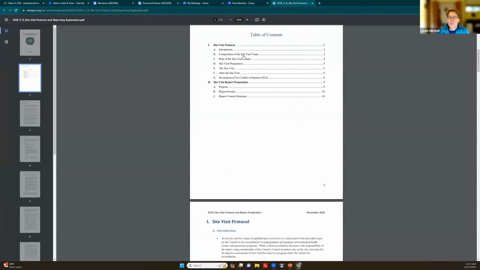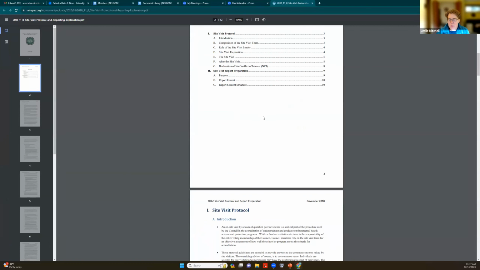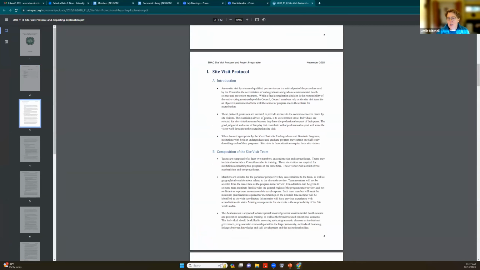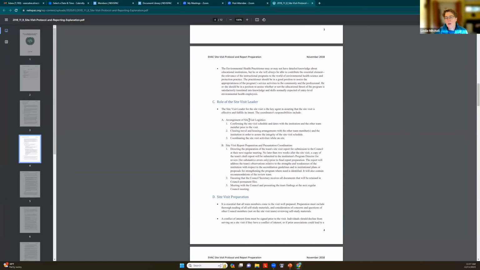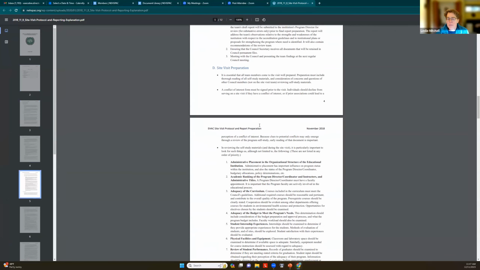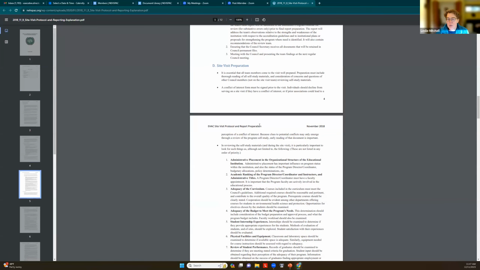So all of these protocol things, and then preparing the report, which is specifically for the lead visit, the site visit lead. You have the introduction, the composition of the team, the role of the site visit leader, scheduling the site visit, being the communication interface between the team and the program director, preparation for the site visit, and it goes into detail about what you should have a look at.